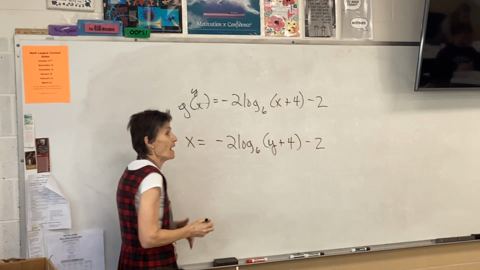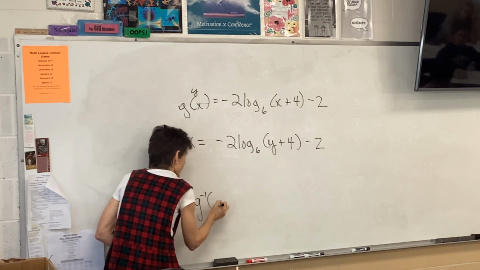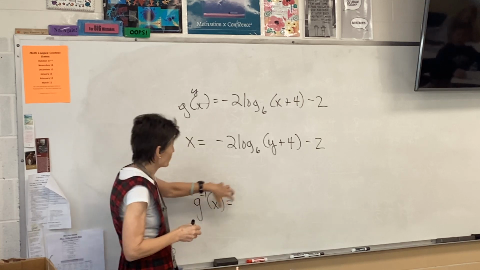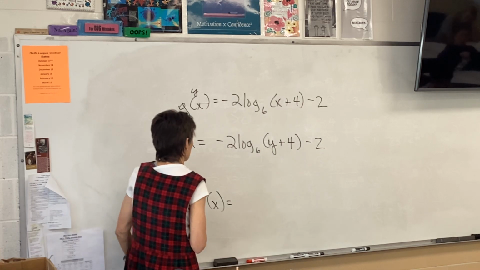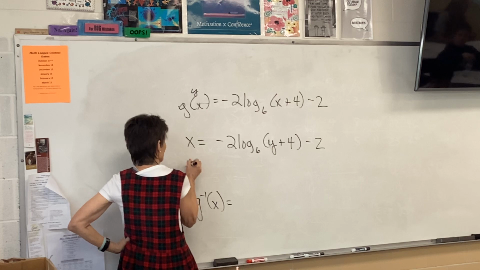Okay. Now, ultimately, we need to end up with g inverse. That's going to be our answer. That's y. So we got to get that guy by itself. Okay, so what do we need to do to make that happen? Add 2.